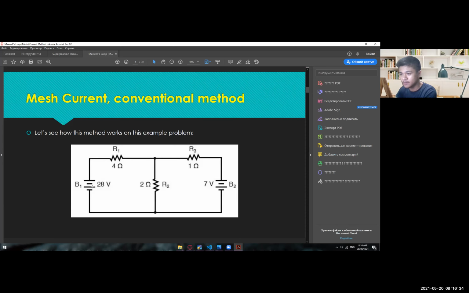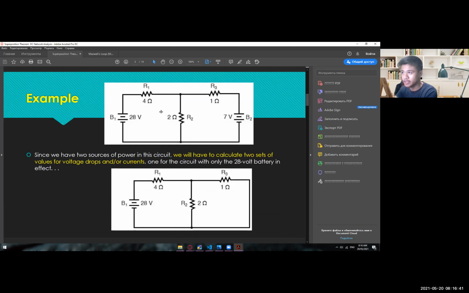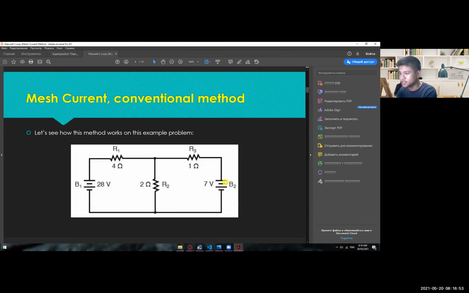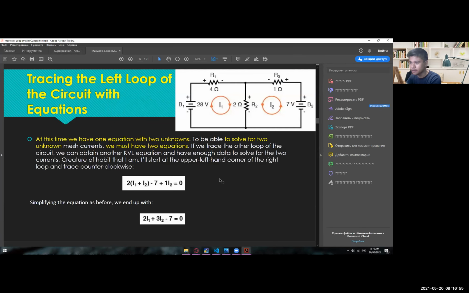As you guys can see, you have 28, 4, 2, 1, and 7 volts, which is the same as this example: 28, 4, 2, 1, and 7 volts. We are going to prove that by using superposition theorem, we can also have the same result. Let me show you the result here.